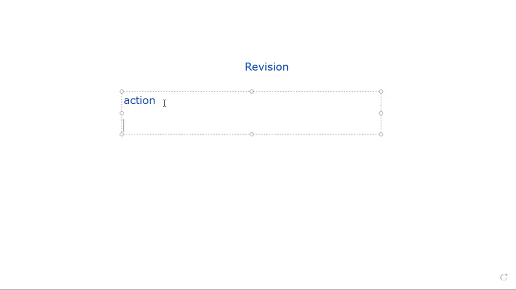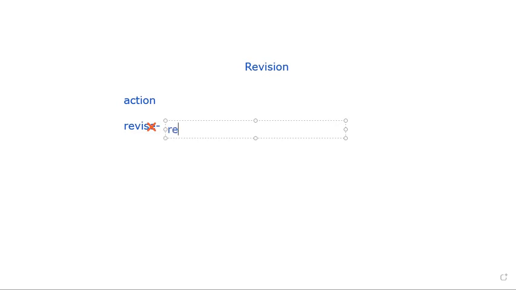Okay? Now, if we have words that end with E, like revise, how do we add a suffix to it? We cross out the E, and then we write the word after adding the ION.